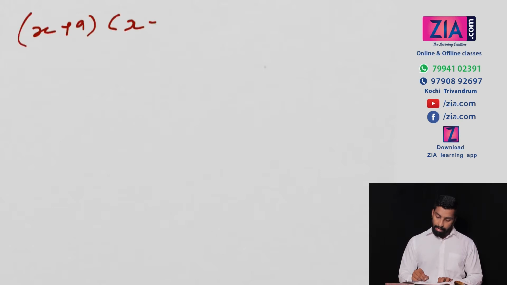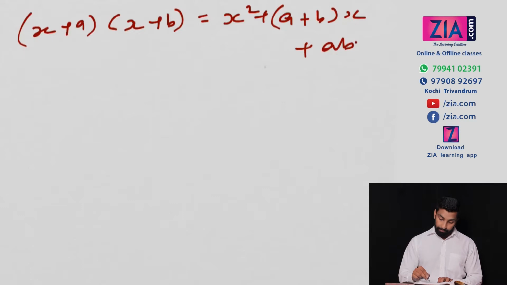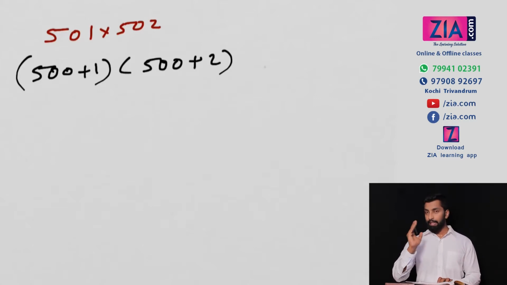Now let's take the next identity that we have learned. What is that? X plus a into x plus b is equal to x square plus sum of a plus b into x plus product of a into b. Let's take an example. You need to solve 501 into 502 by using identity. So you will write 501 as 500 plus 1, 502 as 500 plus 2. So this is of the form x plus a and x plus b.